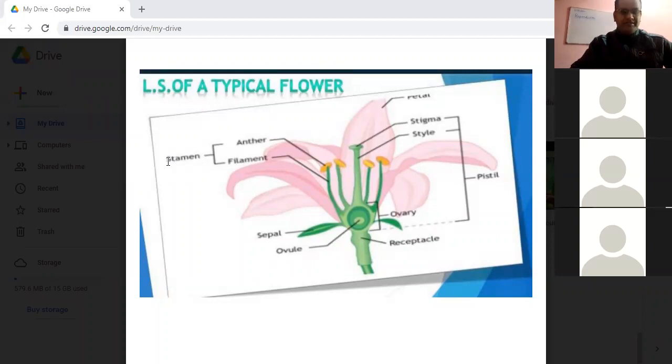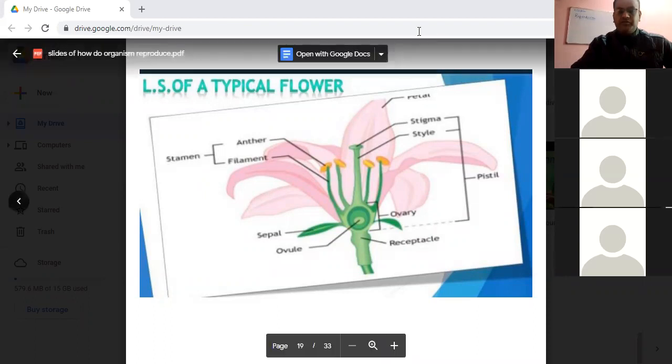Male reproductive part is the stamen, which consists of anther and filament, and the female reproductive part consists of stigma, style, and ovary.